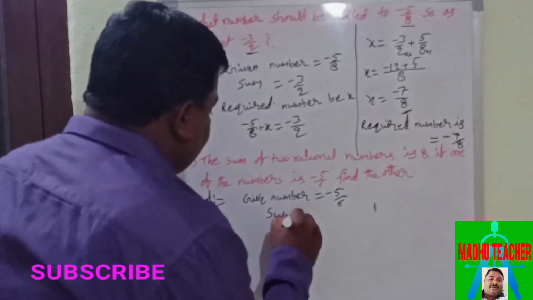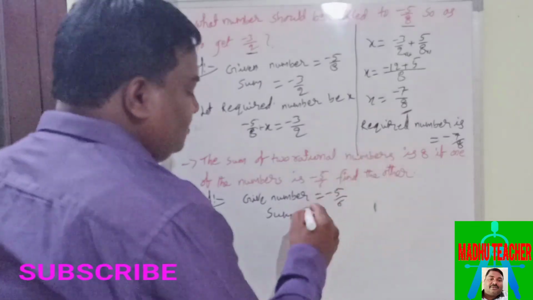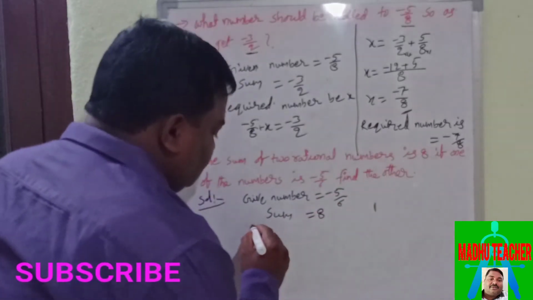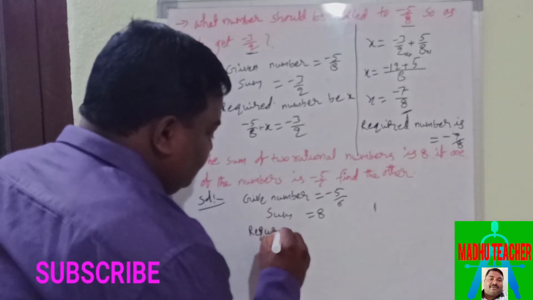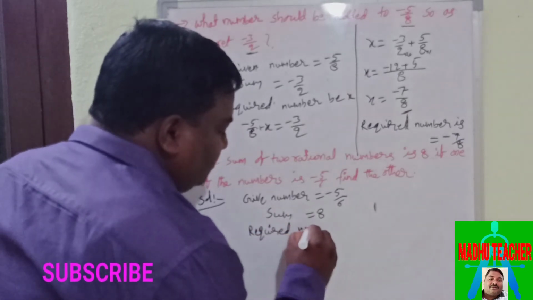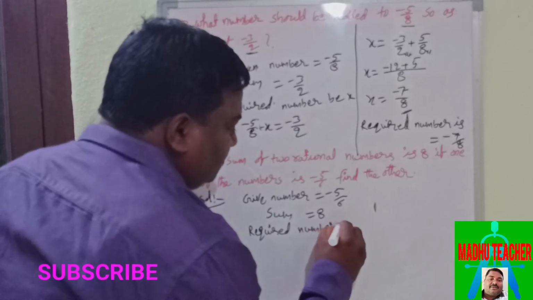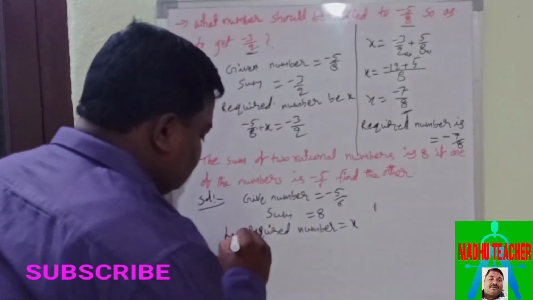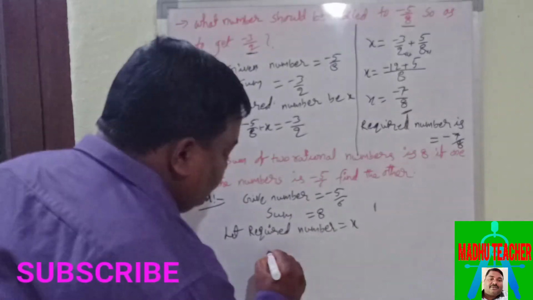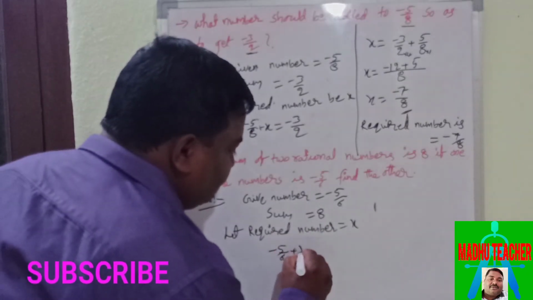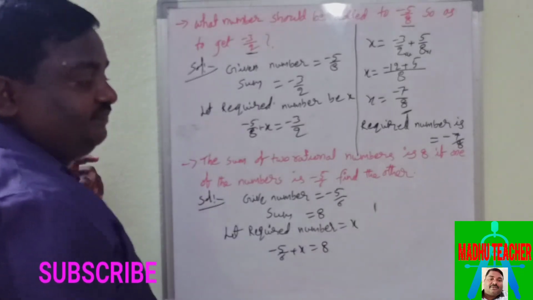Sum is given, the sum of two rational numbers, sum equal to 8. The required number or second number, let it be x. So by adding these two, minus 5 by 6 plus x equal to 8.